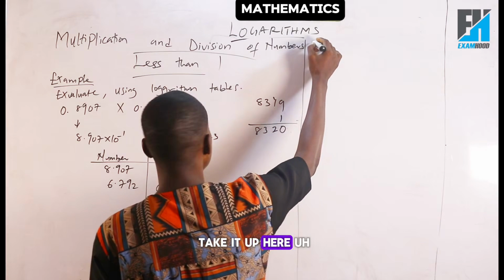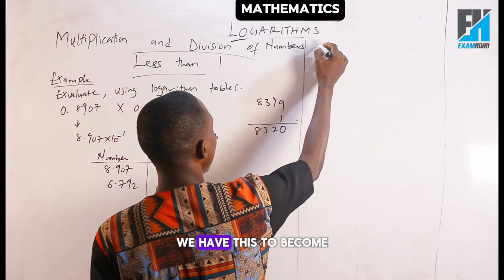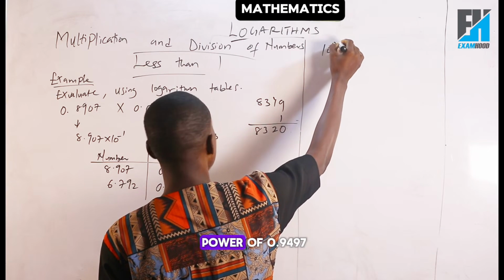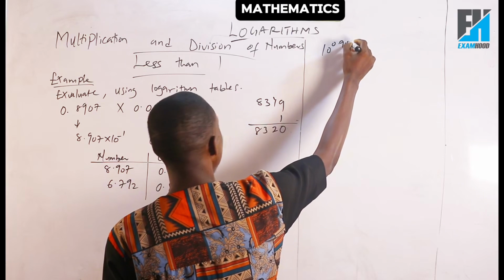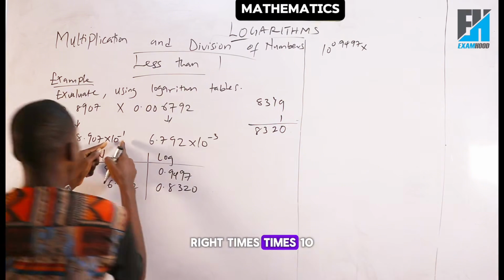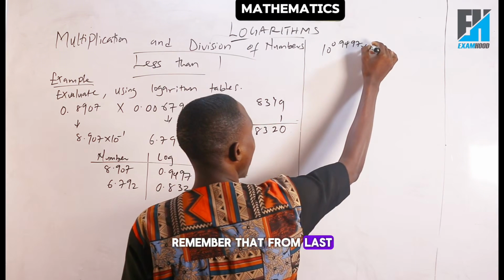Let's take it up here. We have this to become 10 raised to the power 0.9497, right? Times 10 raised to the power minus 1. Remember that from last class.